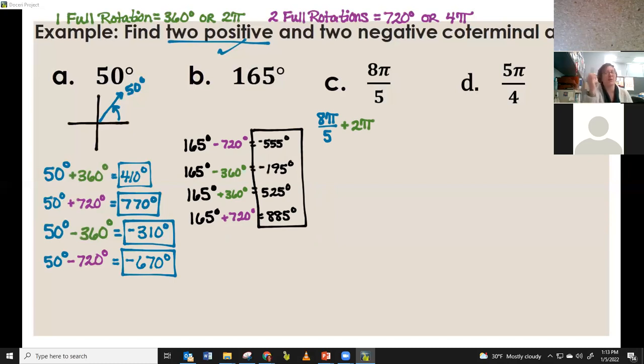Jay, I like your idea. We can change the 2 pi to 10 pi over 5 so that I have common denominators, and then I can add them together. So plus 10 pi over 5. So what would a positive coterminal angle be then?